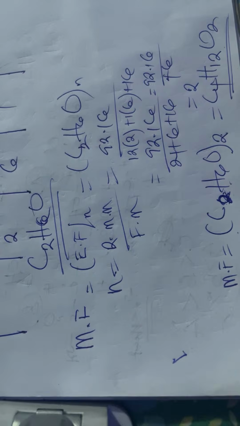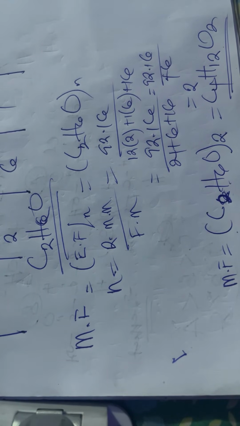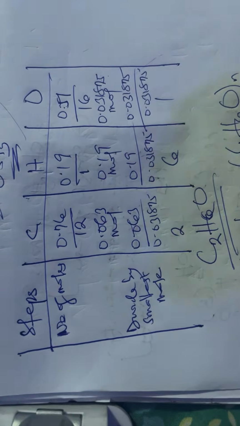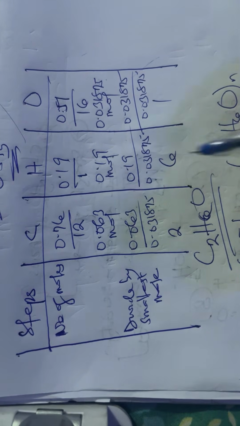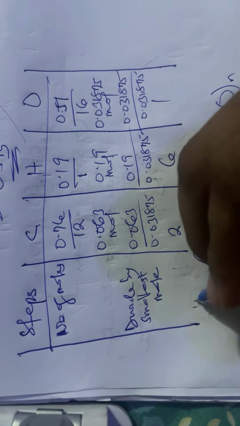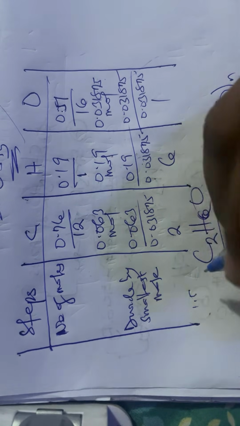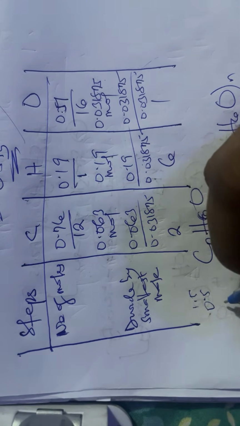Okay, now I want to tell you a short statement. If you are calculating your empirical formula and you divide by the smallest mole and it gives you something like 1.5, please don't round this up to 2. If it gives you 0.5, don't round it up to 1.